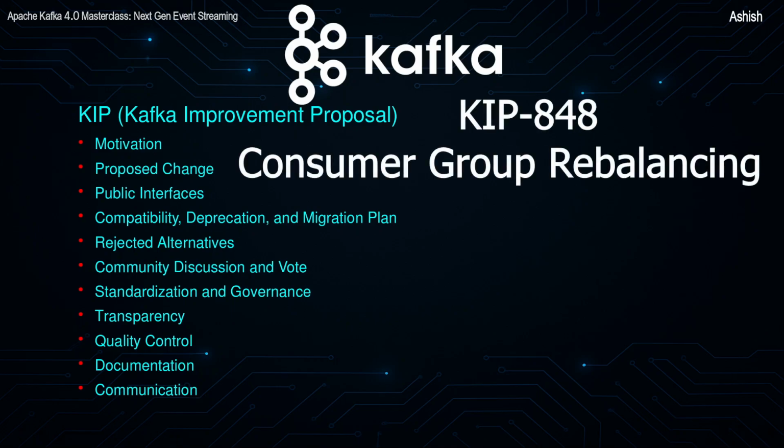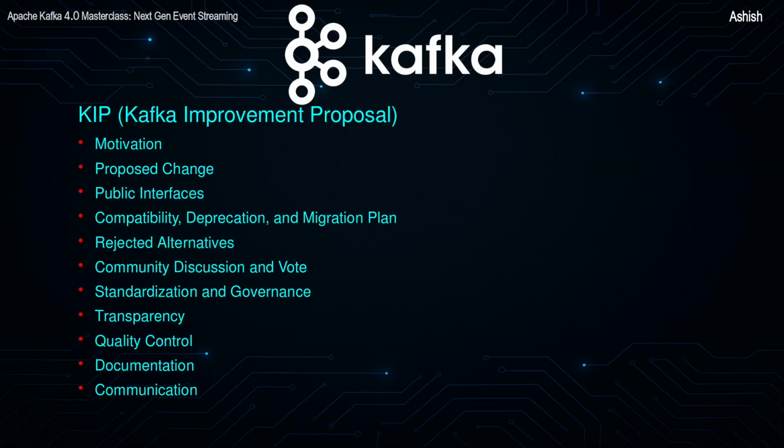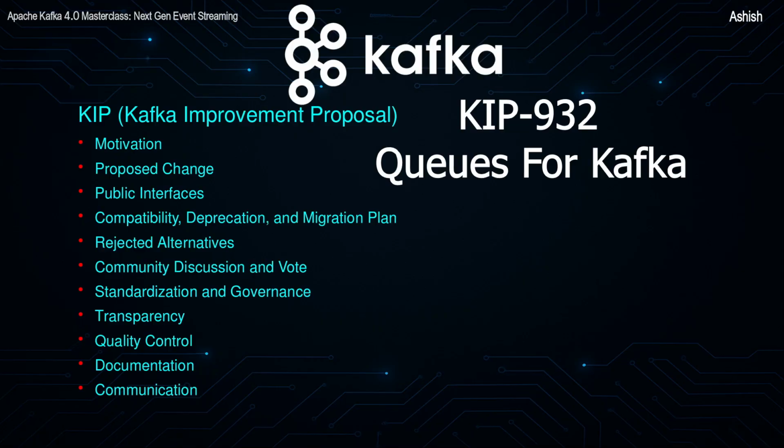We also have KIP 848, a new consumer rebalance protocol. This KIP introduced a more efficient and less disruptive consumer rebalance mechanism, now available and improving consumer group stability in Kafka 4. And then there is KIP 932, which is for queues for Kafka.